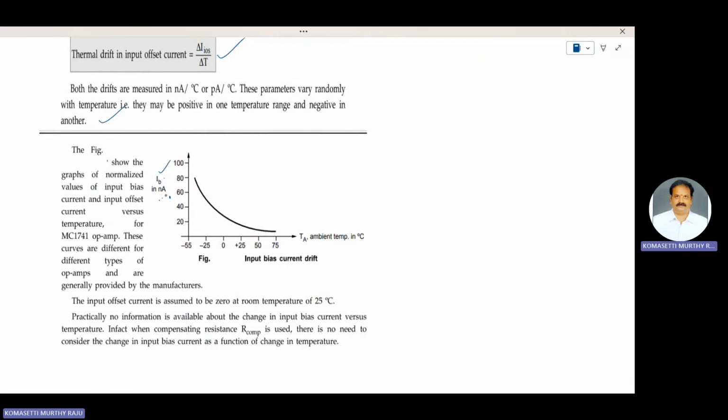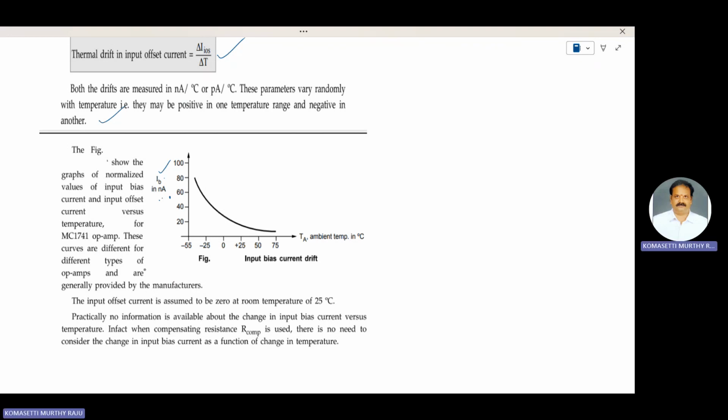Input bias current IB is along the y-axis and the temperature is along the x-axis. The temperature ranges from minus 55 degrees centigrade, minus 25 degrees centigrade, 0, plus 25, 50, and 75 degrees centigrade. At room temperature, the IB value is 0, like the input offset voltage.